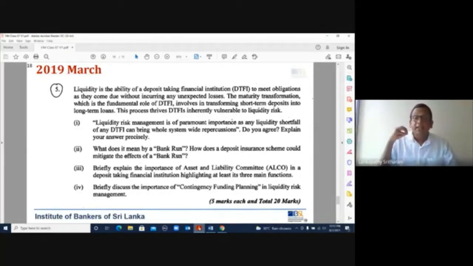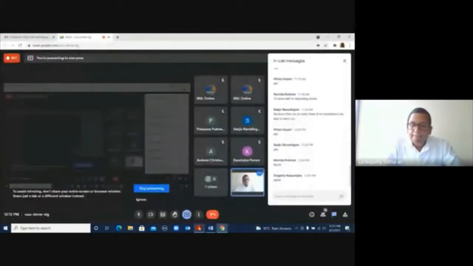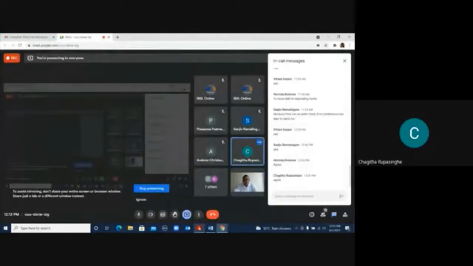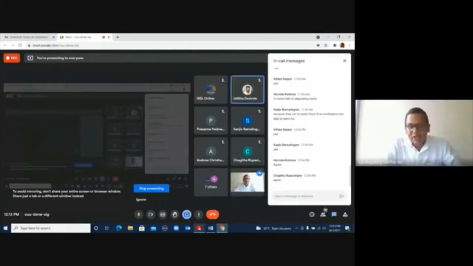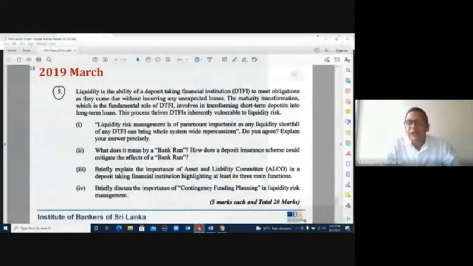Okay. How could the deposit insurance scheme mitigate the effect of a bank run? The deposit insurance scheme, what is the limit now? The current limit of the deposit insurance? 600,000? No. 1 million? 1.1 million. That is exactly 1.1 million.